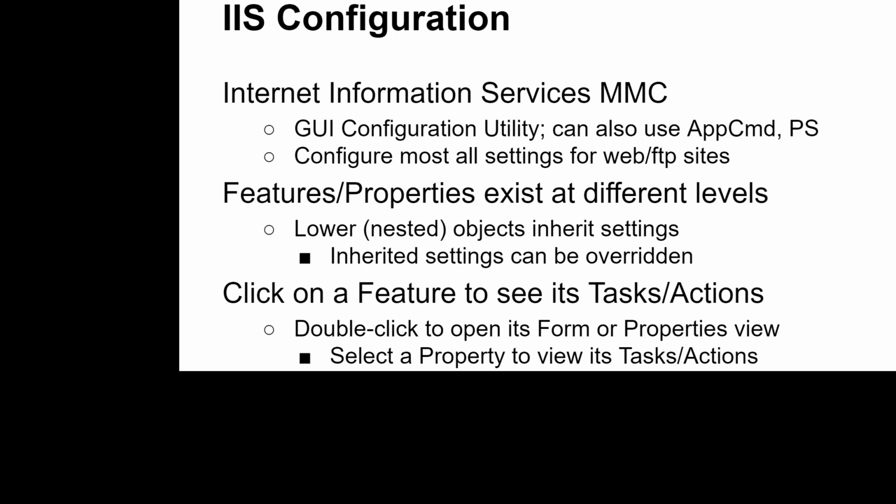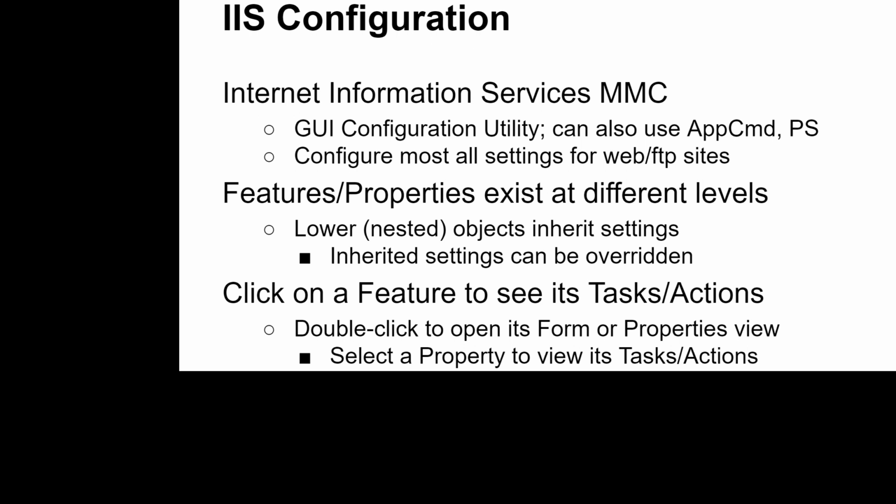The thing with IIS is that you have features and properties at the different levels. In the last presentation, I alluded to this a little bit. We'll take a closer look at this in the next couple of slides or so.